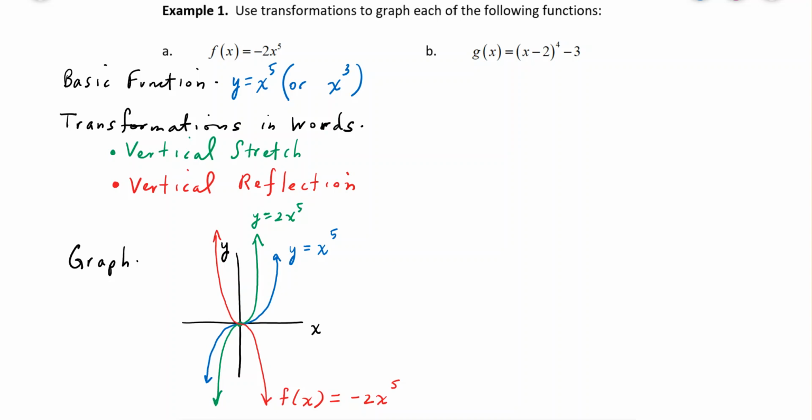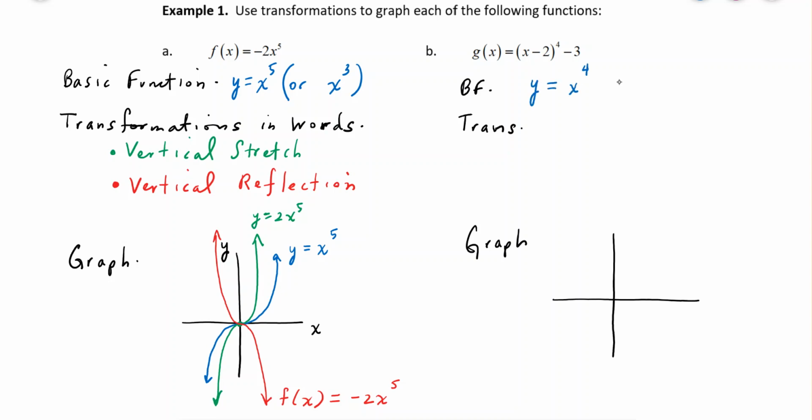Okay, so let's do it again. Basic function, transformations, and then the graph. What's the basic function this time? I bet you said y equals x to the fourth, and you said that looks like x squared.